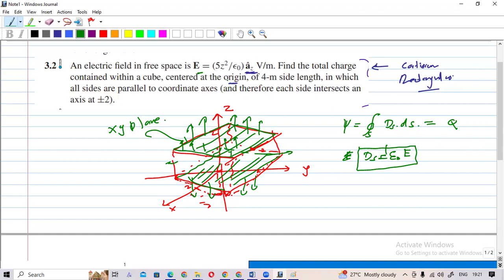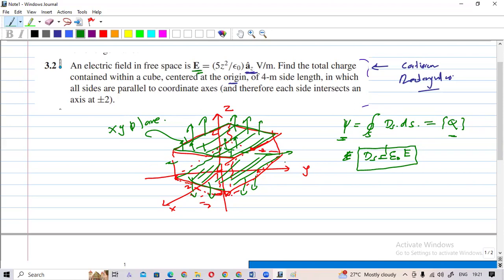Don't worry about Q. Just think about phi, the electric flux. The electric flux is in one direction now. This E is in Z direction, so the flux also should be in Z direction, not in Y or X direction.